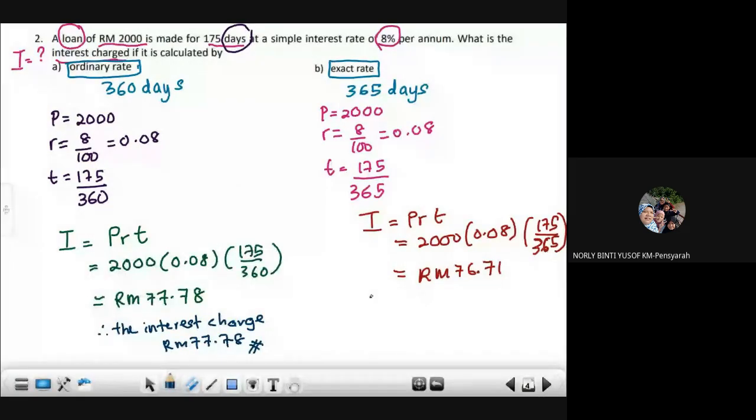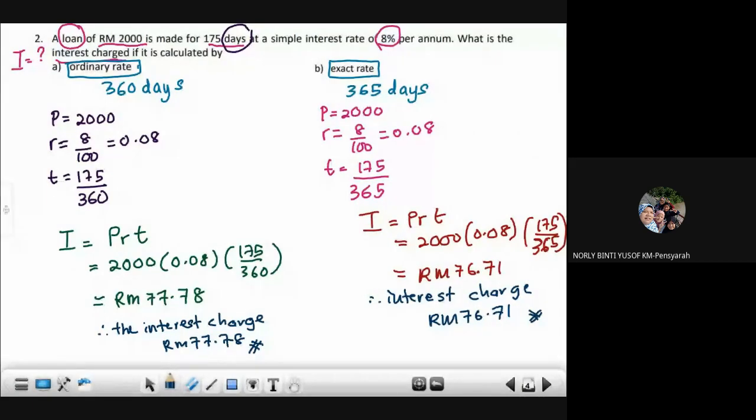Jadi you conclude lah, interest charge RM76.71. Okay, that is for example 2, for finding the interest based on ordinary rate and exact rate. Bezanya hari lah dalam setahun.